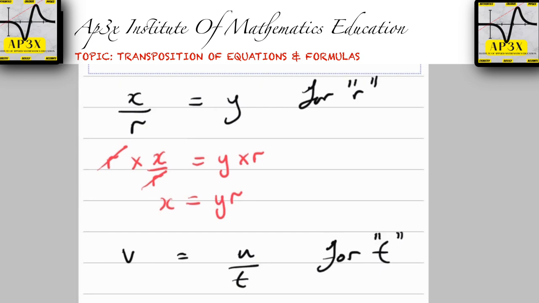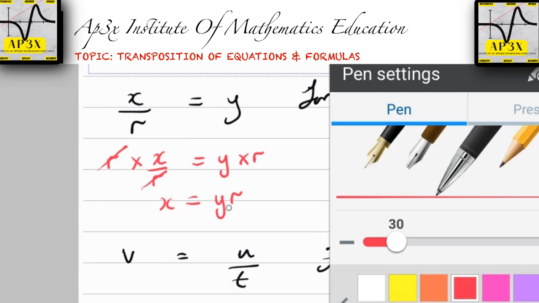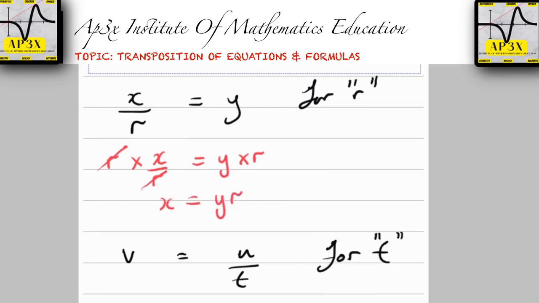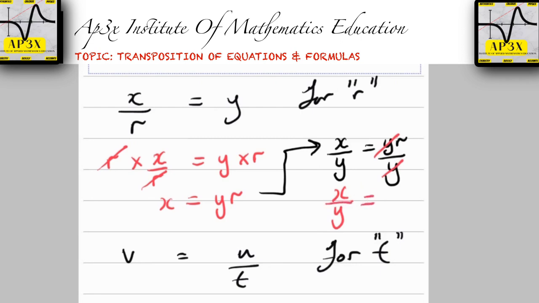But R is still not isolated, because step one was to get R out of the denominator, and now I still need to isolate R by dividing both sides by Y. So I say X divided by Y is equal to YR divided by Y. Finally, you'll see that Y cancels Y, so X over Y is equal to R. So R is now officially by itself on one side of the equation.